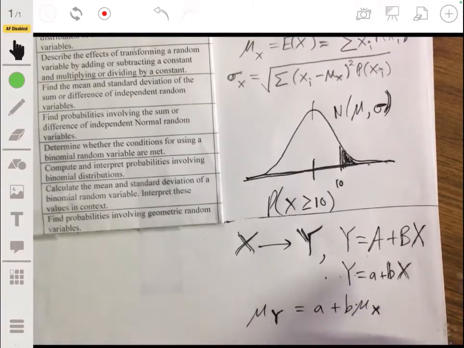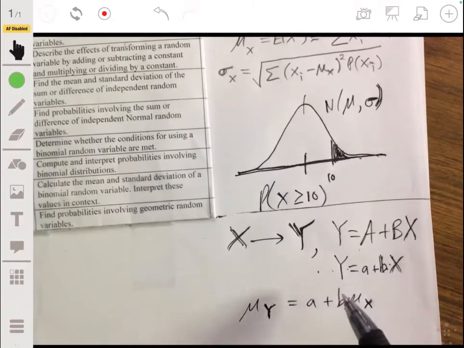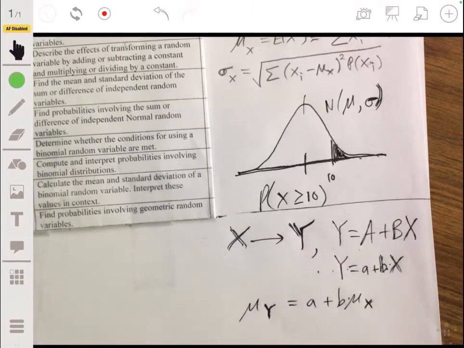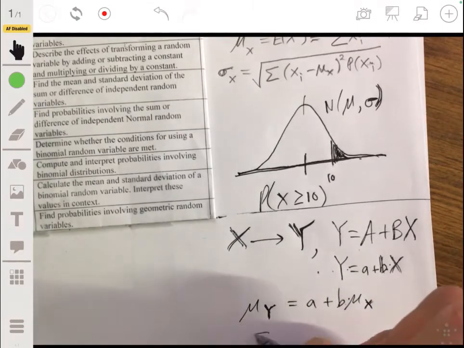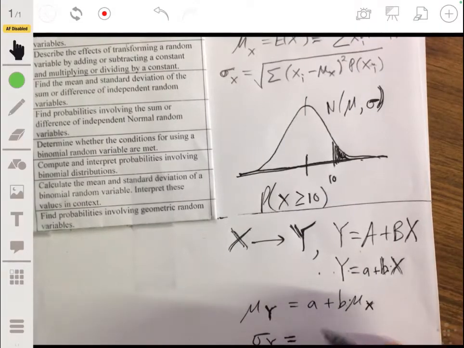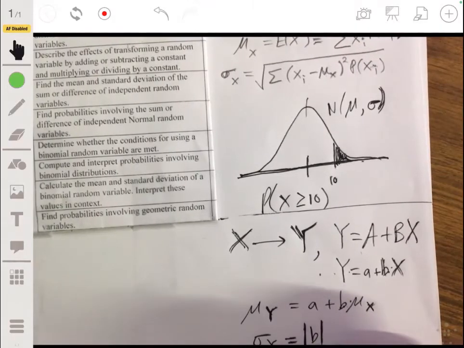So you apply the same formula where we multiply by b and add a, as we would do normally to change x into y. Now for the standard deviation of y, what you have to only worry about is multiplying it by b. And standard deviation has to always be positive because it's a measure of spread. So we multiply by the absolute value of b times the standard deviation of x.